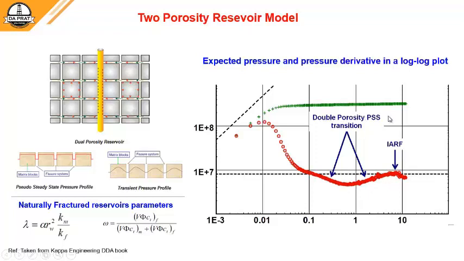In this case, the valley could be deeper, and in this one here, the transient is going to be different, but at the very end, they should be, as you may expect, the same when you get the infinite acting radial flow for the total system.